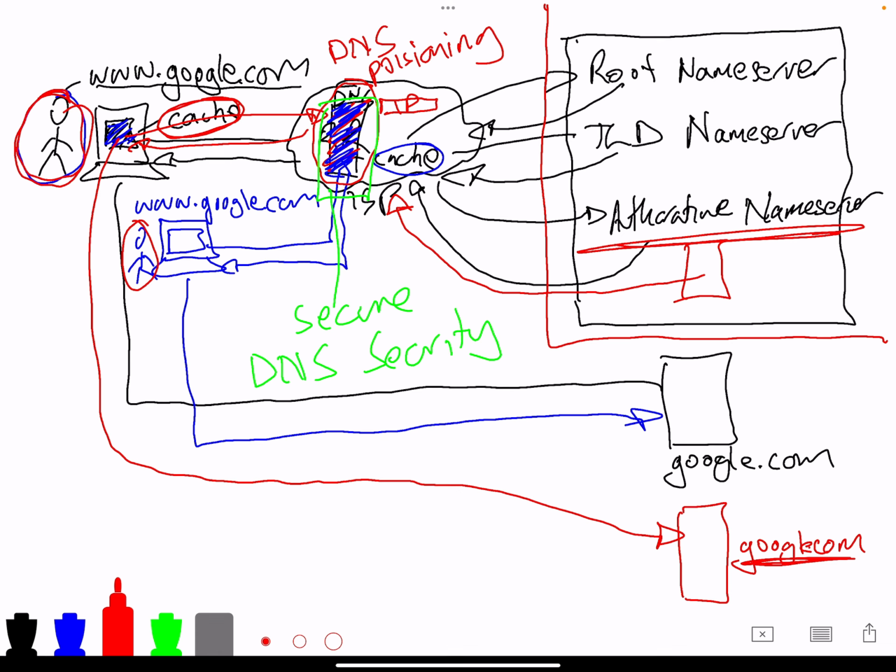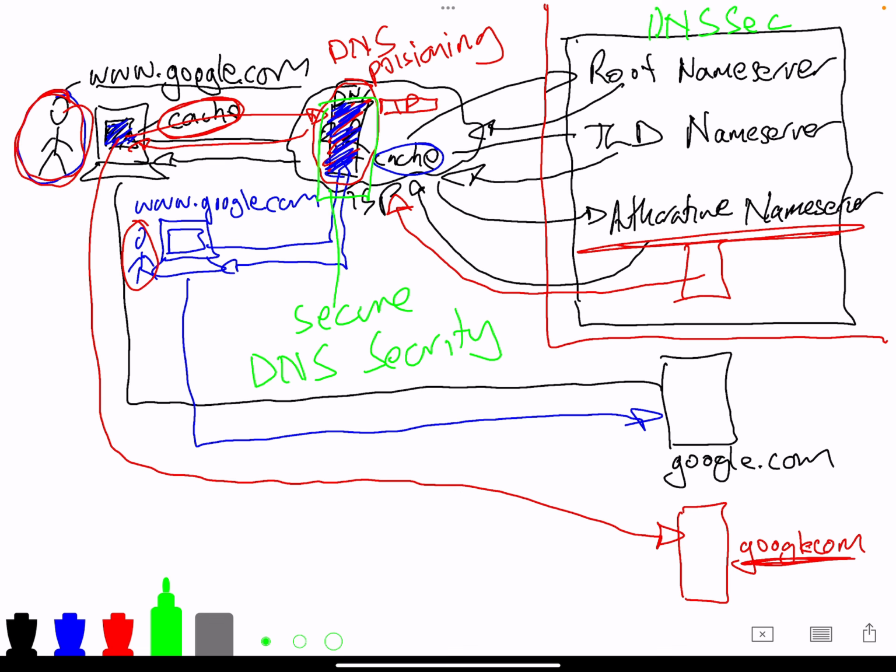The way we could solve this problem is something called DNSSEC. It's important to understand that DNSSEC is different from DNS security, okay? They're providing security on two different areas of the puzzle.